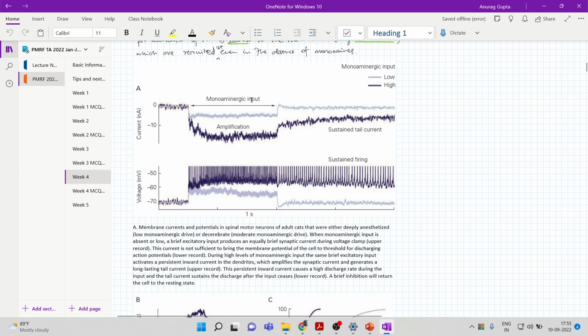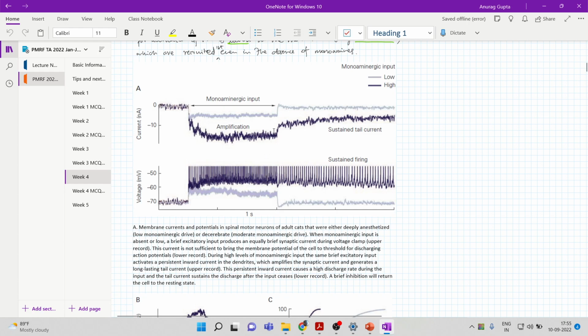But under the influence of monoaminergic input, for the same excitation, the input current gets enhanced, it gets amplified, and you can see that there's a high rate of firing happening.